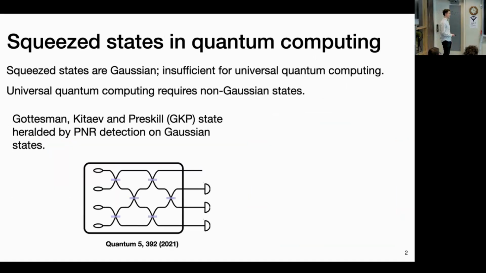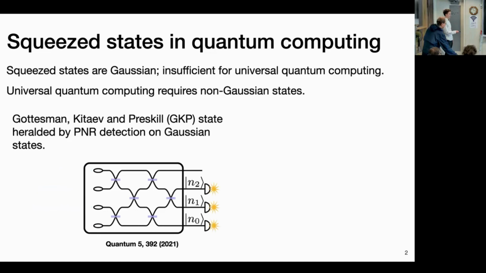A particular non-Gaussian state that is used in photonic quantum computing is the GKP state, and this can be made starting with squeeze states. So this is a circuit where we have 4 input ports and beam splitters, and then photon number resolving detectors. And into the input ports, we put 4 squeeze states, which then become entangled using the beam splitters.